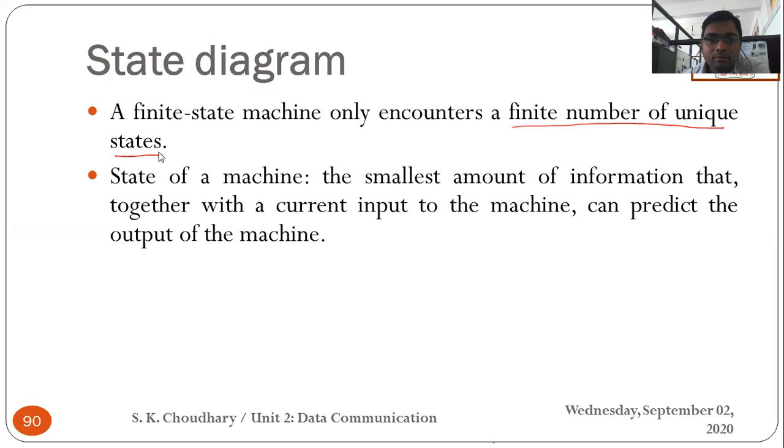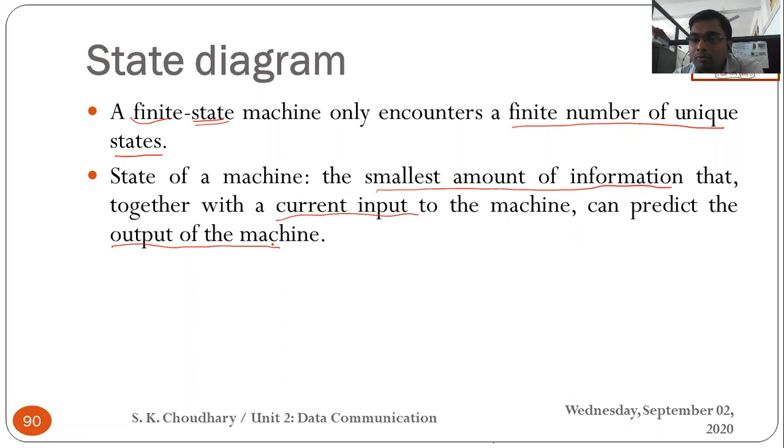And here the second term is state. State means what? The state of a machine is actually the smallest amount of information that, together with the current input to the machine, can predict the output of the machine.